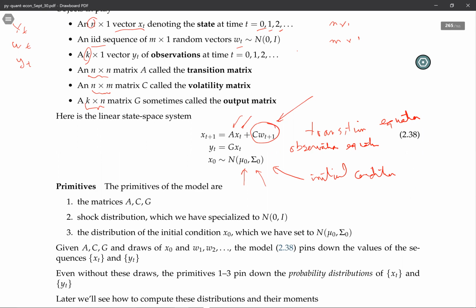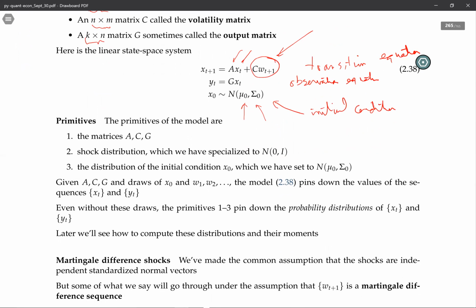That's it. So the deal is, I give you the primitives of the model. So what are the primitives? By the way, this is a very homework-rich part of the lecture because it's very easy for me to make doable homeworks on.